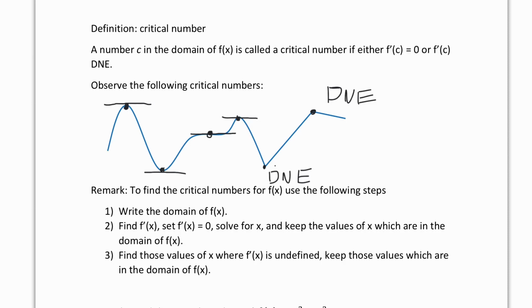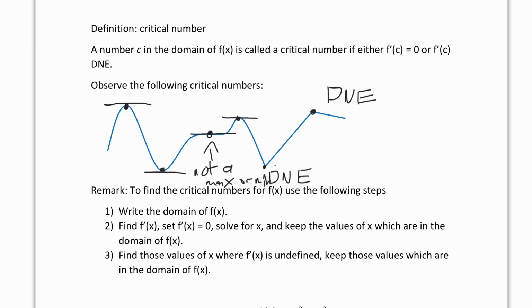Now, interesting on the critical points, if you notice, this is a relative maximum, this is a relative minimum, relative maximum, relative minimum, relative maximum, but this point right here is not a max or min. That's very important.